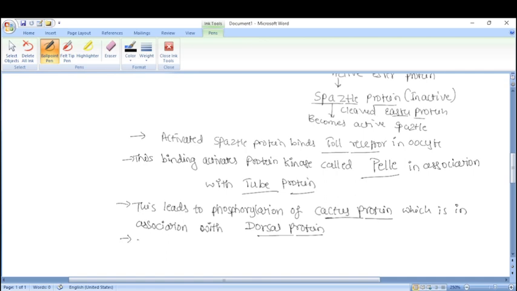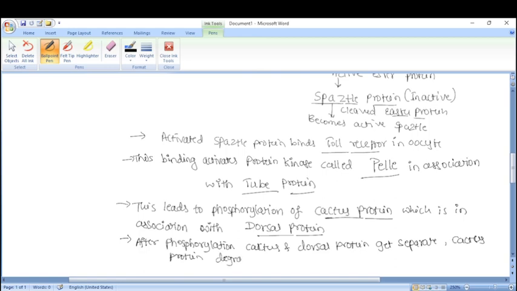After phosphorylation, Cactus and Dorsal protein get separated. Cactus protein degrades and Dorsal protein becomes free.